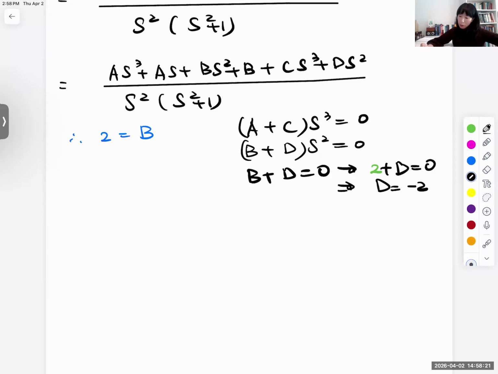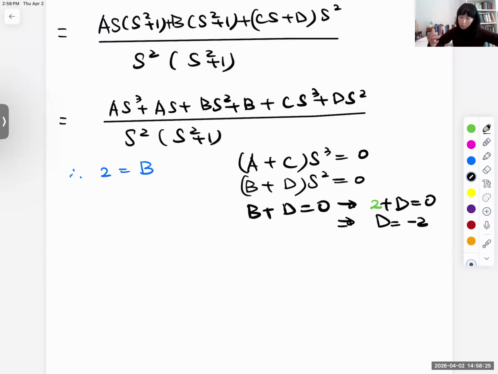So we don't have any information, right? So only B and D, right? And then S to the third power equal to 0, right? So we can just say that A equal to 0 and C equal to 0. Since there is no S to the third power provided.